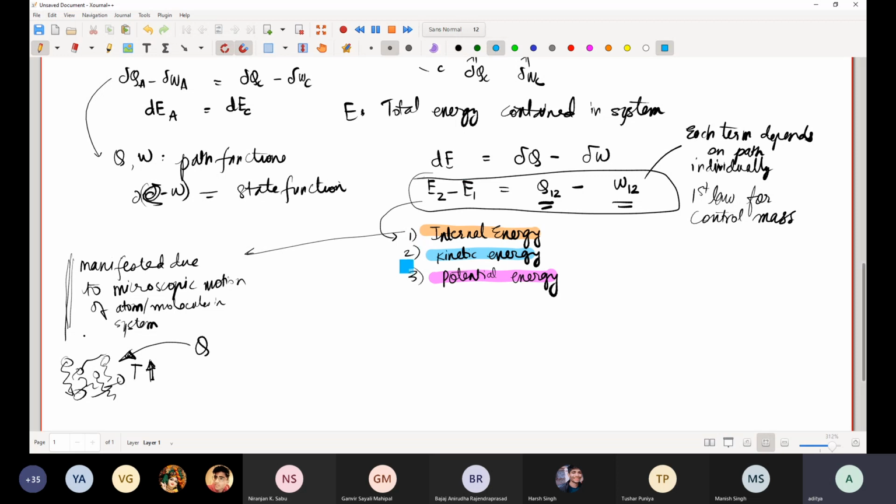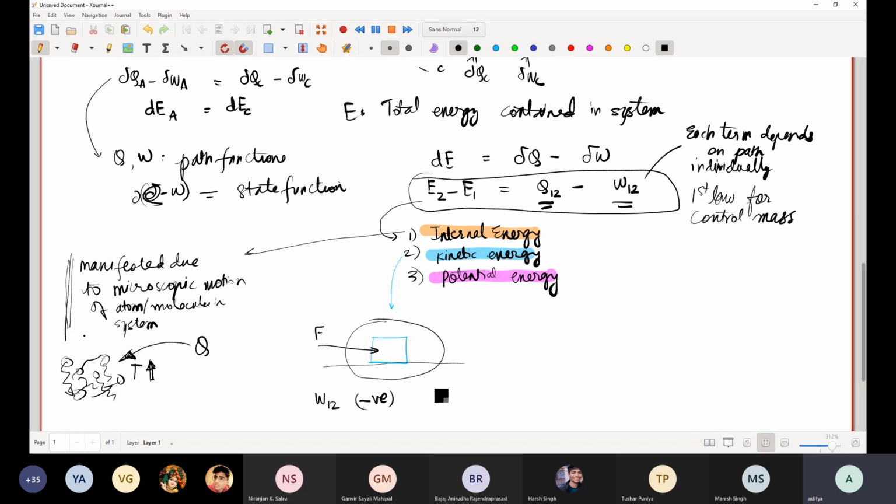Now similarly, kinetic energy. So say you have a block like this, and you do work on the system. So this is your system, you have a block, nothing else. So when you do work on the system, what is the sign of W12? Work done on the system: negative. So W12 is negative.